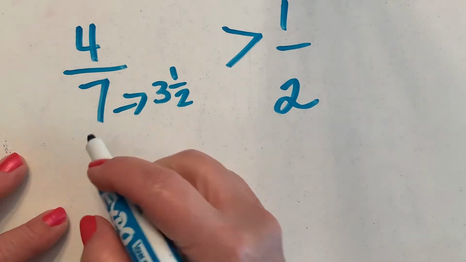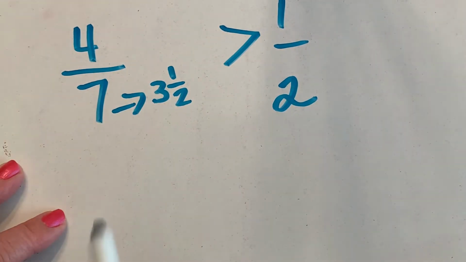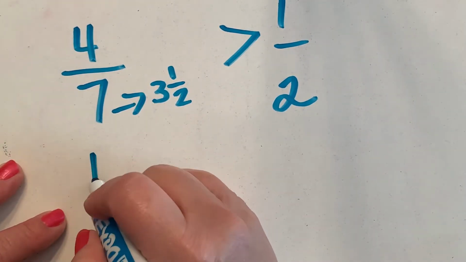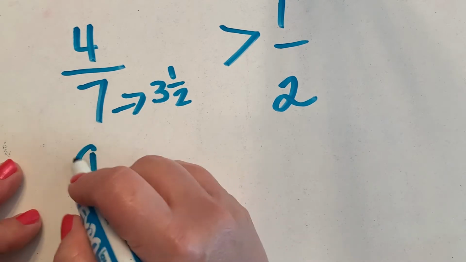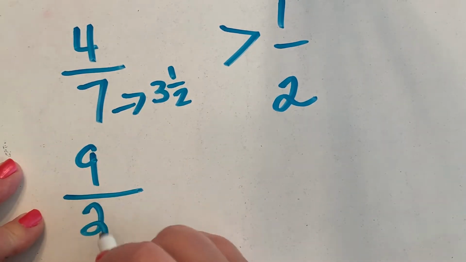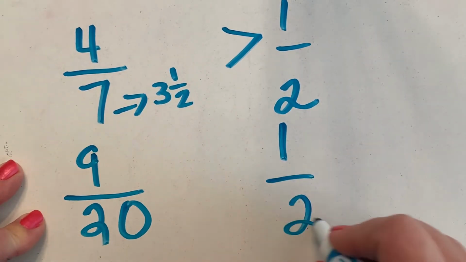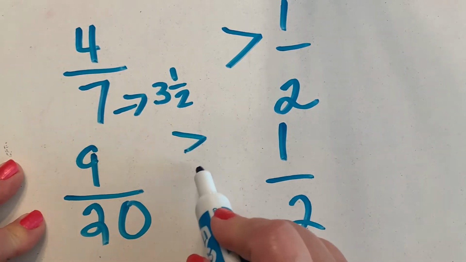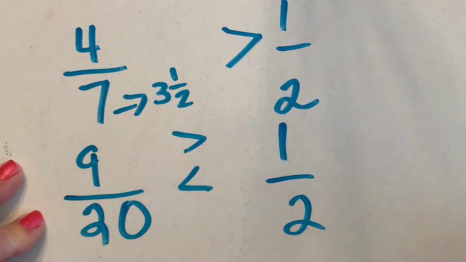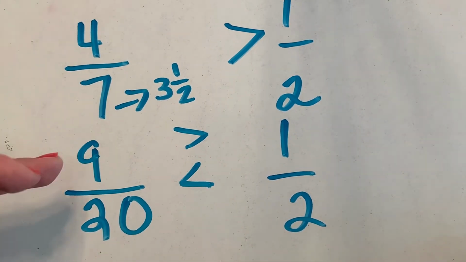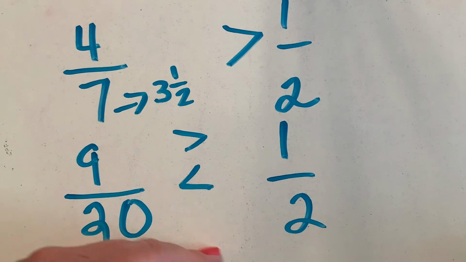Let's look at another one. Let's say 9/20. Okay, 9/20. Is it going to be greater than a half? Less than a half? We know it's not equal because half of 20 is 10. 10/20 would equal a half.